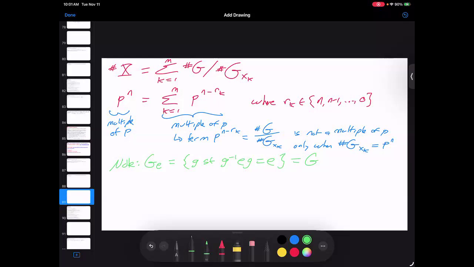So now look at what's going on in our equation. The left-hand side is a multiple of p. We know there's at least one term on the right-hand side that's not a multiple of p. So at least one term on the right-hand side is not a multiple of p. Is it possible that there's only one term on the right-hand side that's not a multiple of p?